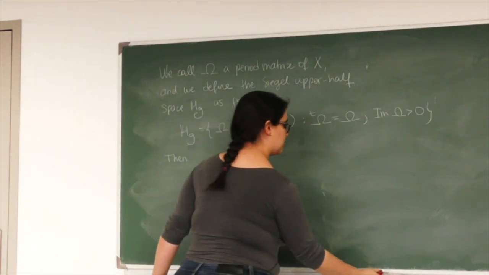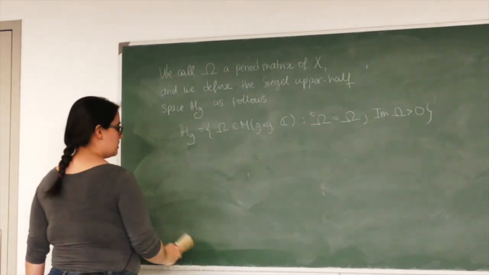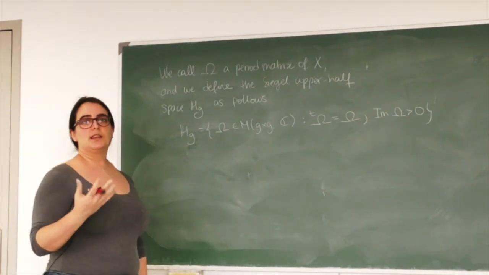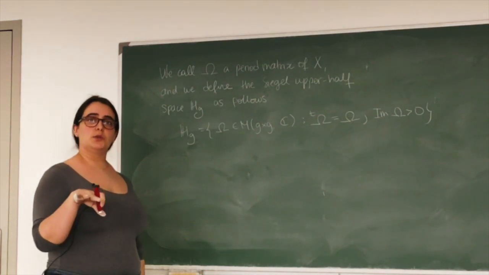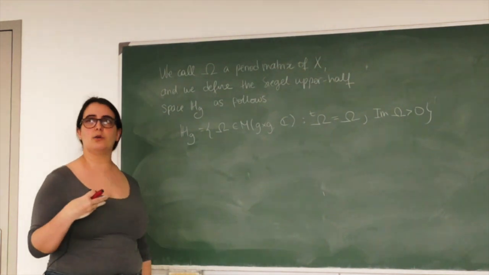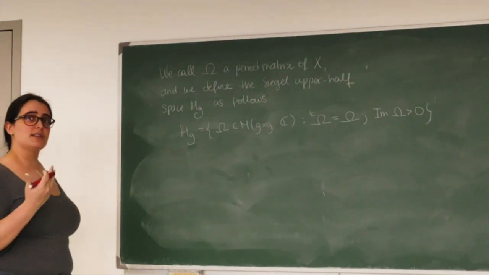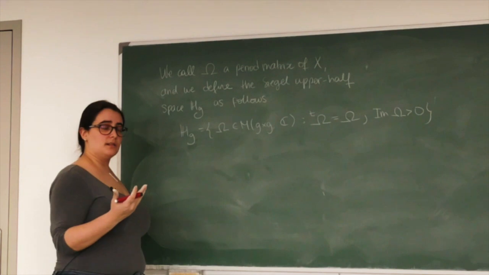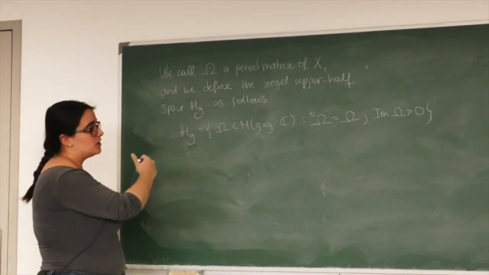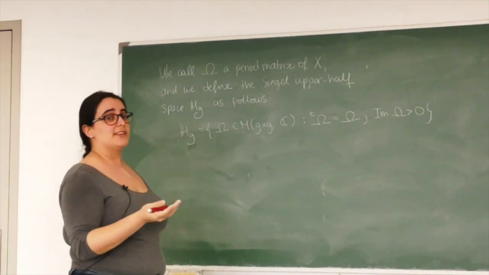I won't write the details right now, but one can take the definition that we took for homomorphisms and their matrix representations and see how homomorphisms of complex tori that are represented by a small period matrix affect the period matrices.